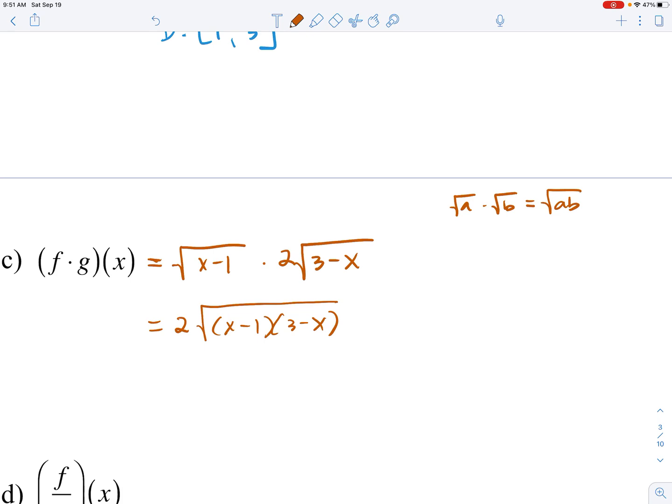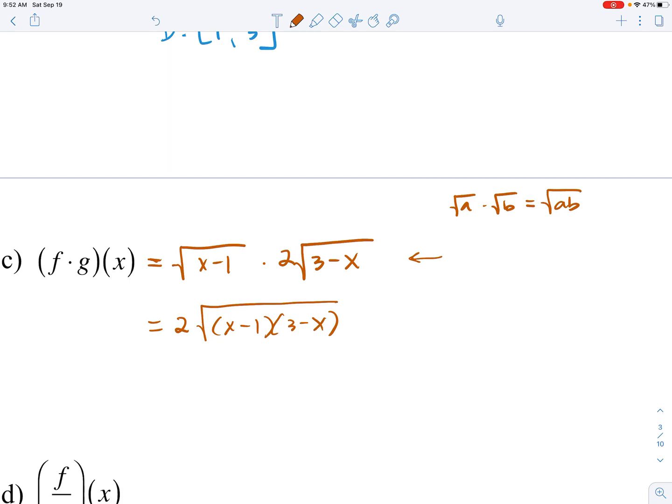Okay, so let's see. For domain restrictions, you can actually look at either line here that we have. So you could find the domain by looking at the intersection of those two domain restrictions, just like we did in the previous two examples.